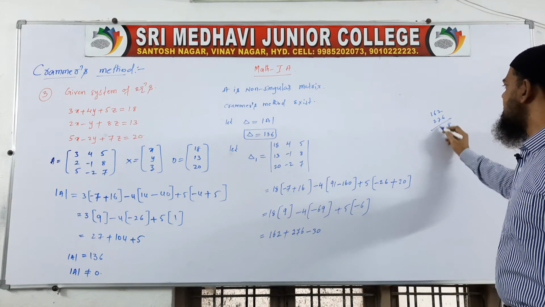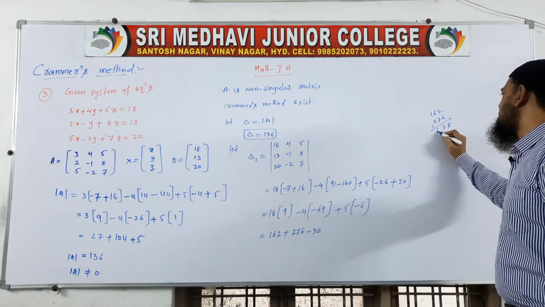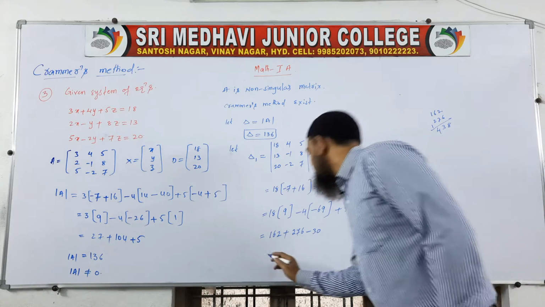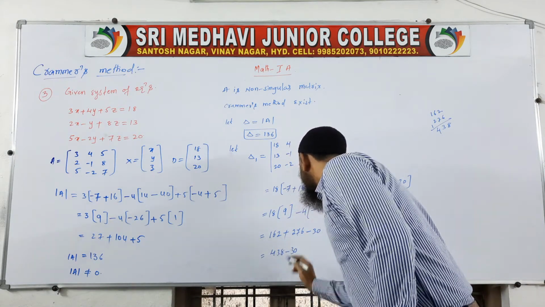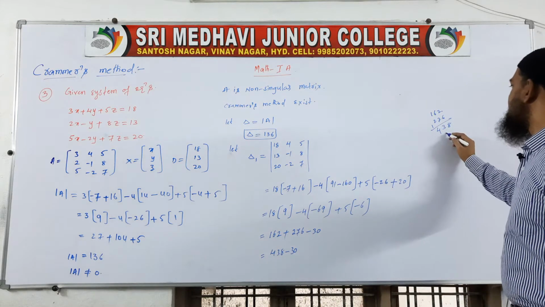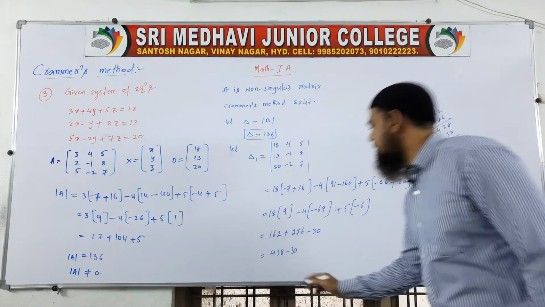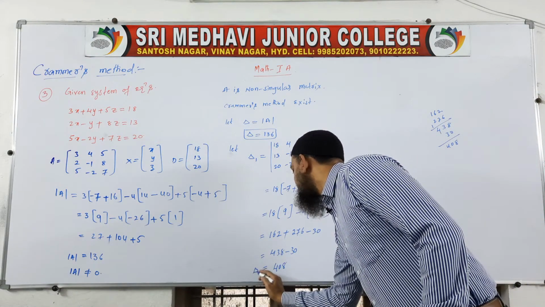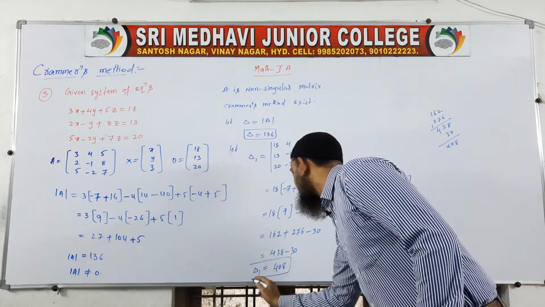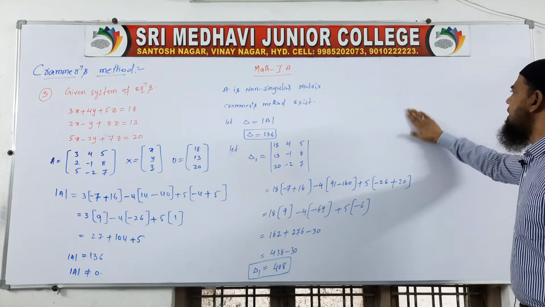It is 8, 6 plus 7, that is 13, 1, 3, 438. That is equal to 438 minus 30. Minus 30 means you will get 408. You will get 408. This is the value of delta 1. So delta 1 is completed.